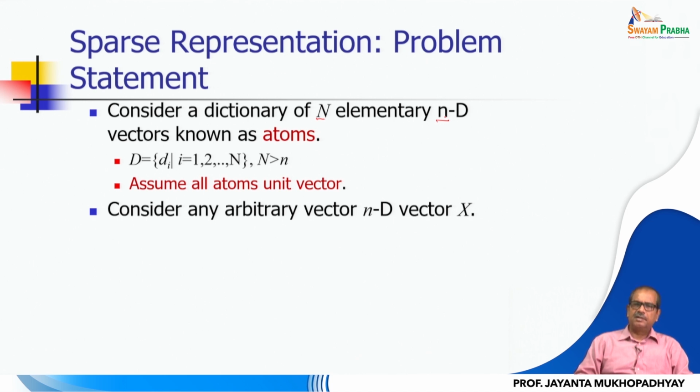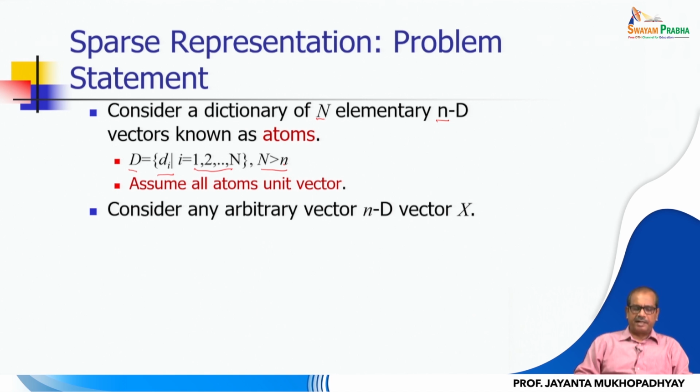So we are using a mathematical notation, as you can see here, that it's a set of atoms or set of vectors. Di is the ith atom, and there are N such atoms, and that makes a set, say, capital D. We should also consider that in our context the number of elements is larger than the dimension of the vector.